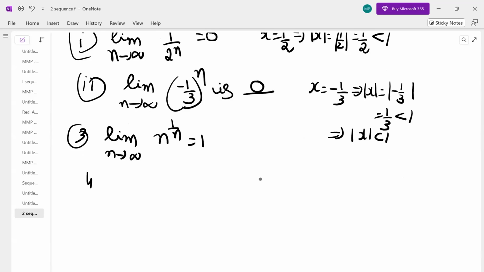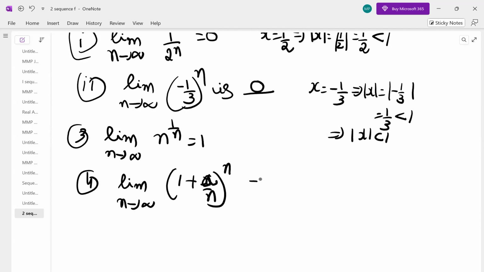Another standard result which we'll be using is limit n tending to infinity of 1 plus a by n, whole power n, is e power a, where a can be any real number, for all a belonging to R. A is a fixed real number.